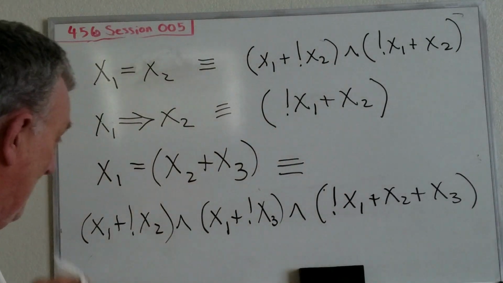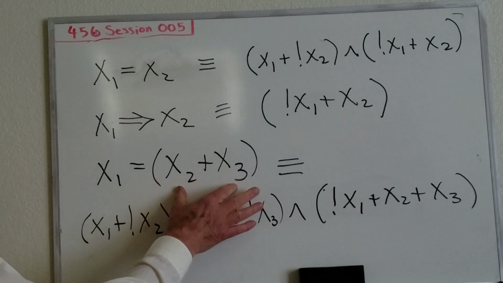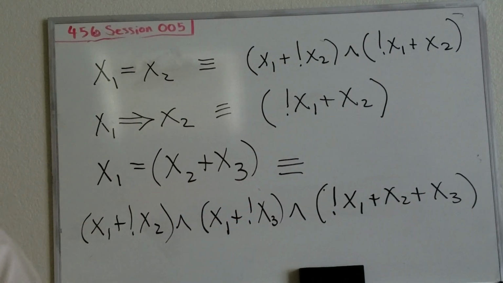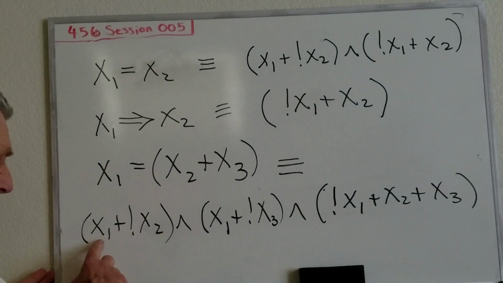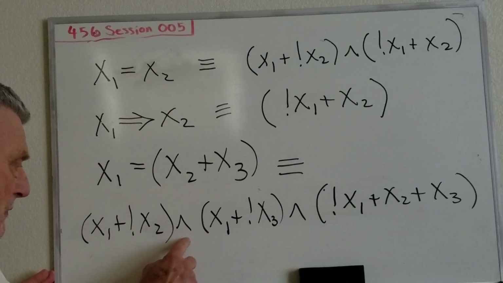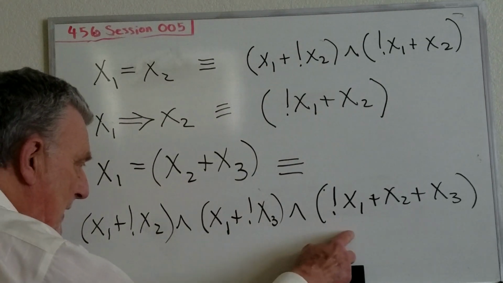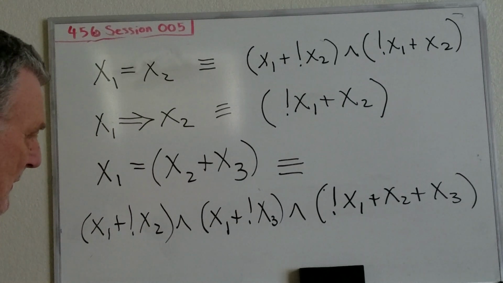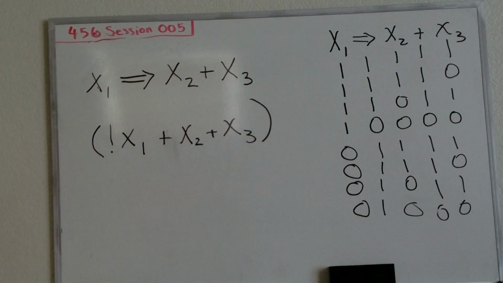Here's something a little bit more complicated: x1 equals the disjunction of x2 and x3. So this would be x1 and not x2, or x1 and not x3, or not x1 and x2 and x3. That might be a little bit hard to see, but if you chase through all the possibilities, you'll agree that it's true.